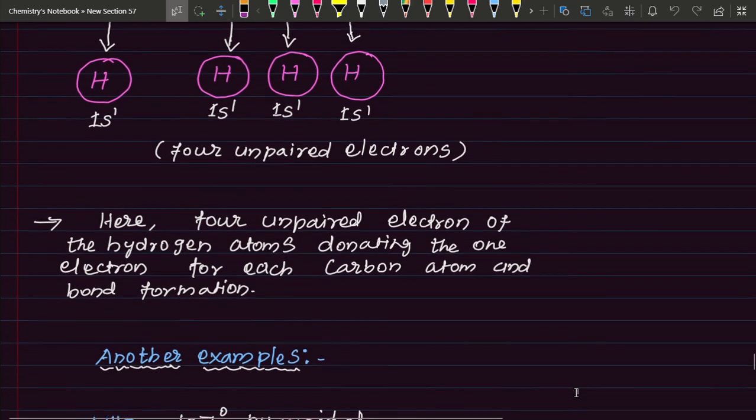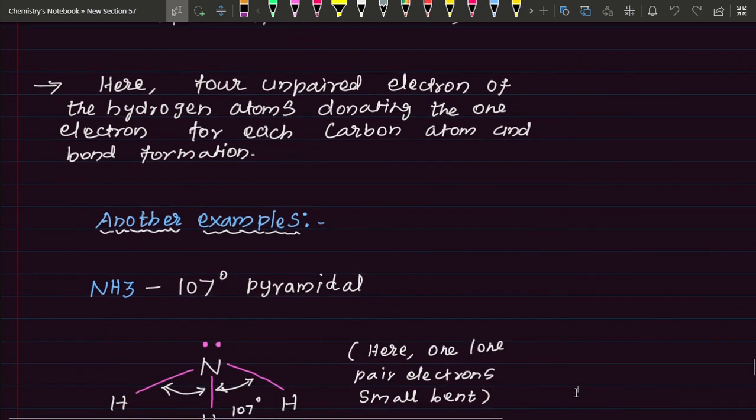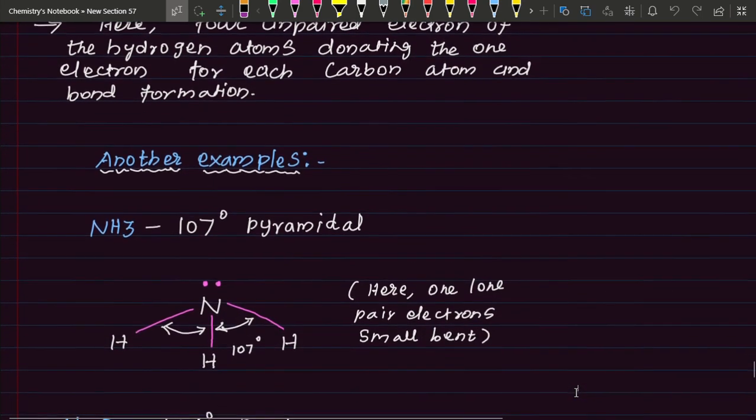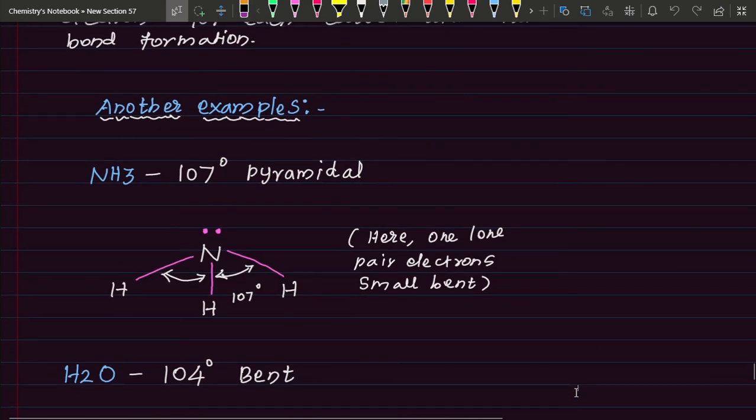Another example. Let's see an example for NH3, ammonia. Ammonia's bond angle is 107 degrees. The geometrical shape is pyramidal. See here, this is the nitrogen, these are the 3 hydrogens. We know that nitrogen makes three bonds, but it has 1 lone pair of electrons.